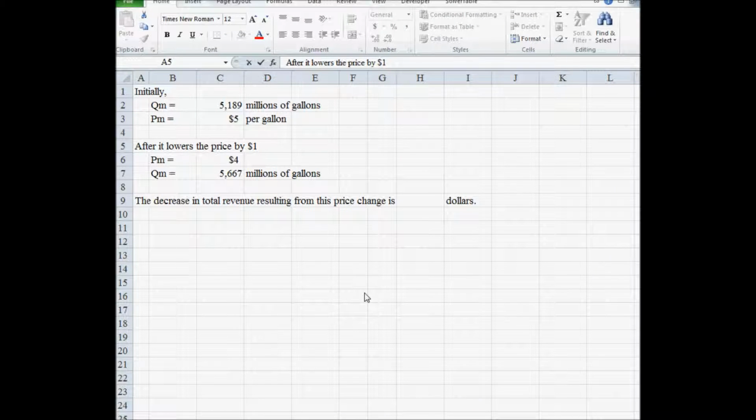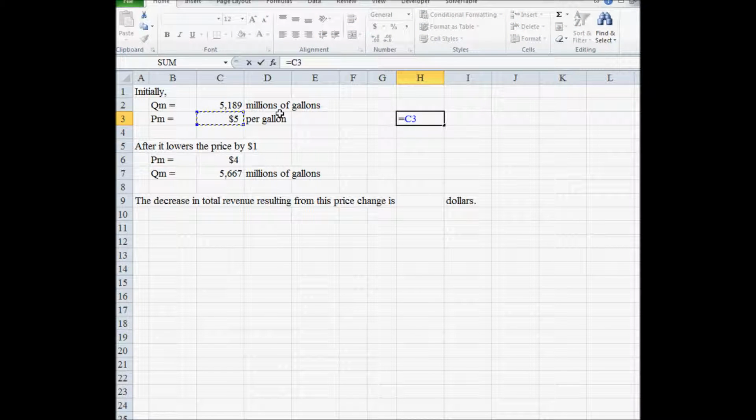Initially, the company produced 5,189 millions of gallons of crude oil at a price of $5 per gallon. After it lowers the price by $1, the price the monopolist gets is $4, but it produces more gasoline. So it produces 5,667, or 478 millions of gallons more. So first we have to calculate the revenue before and after.